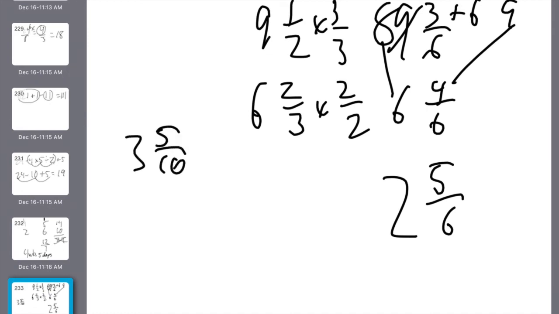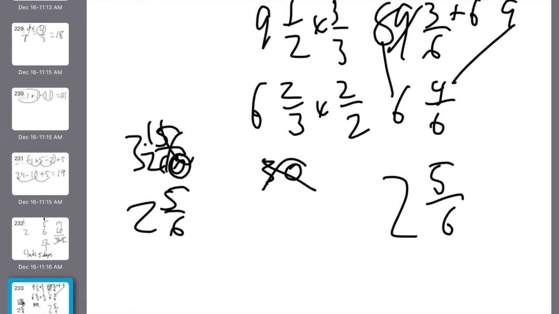Taking that answer and adding it to my 3 5/10 and 2 5/6. Common denominators are 30. What do I have here? 5/10. Okay, I'm going to not do 30. I'm going to reduce this to a half, guys. So now this can stay the same.